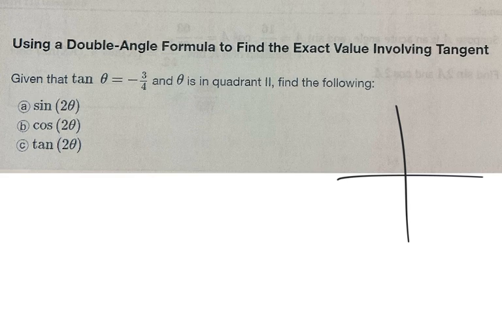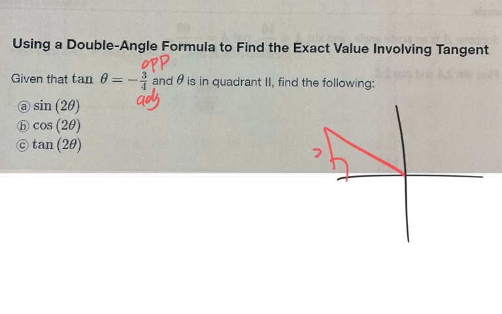This is not quite the unit circle, but it's still the same thinking. We know tangent of theta is negative 3 over 4, and we know theta is in quadrant 2. What else do we know about tangent? Tangent is the opposite over the adjacent. So if this triangle is happening in quadrant 2, it's sine over cosine.